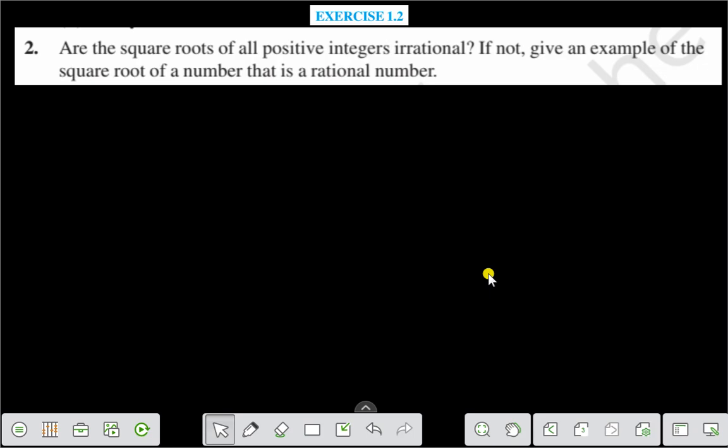Today we'll discuss exercise 1.2, question number 2. Are the square roots of all positive integers irrational? If not, give an example of the square root of a number that is a rational number.